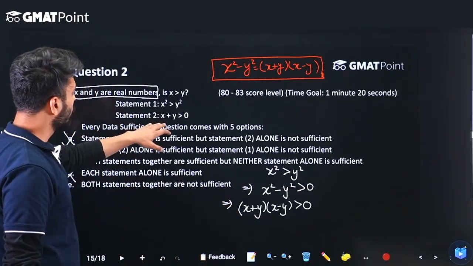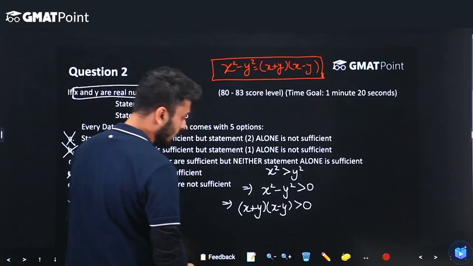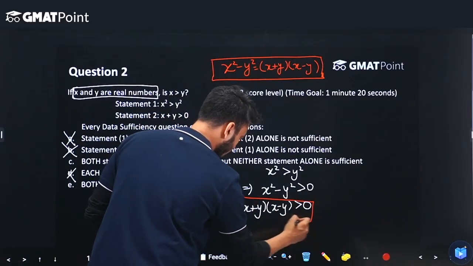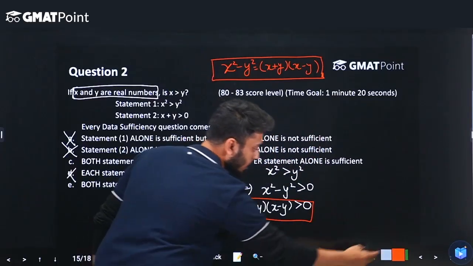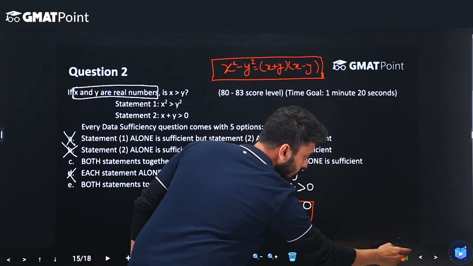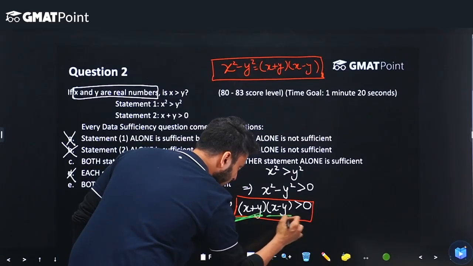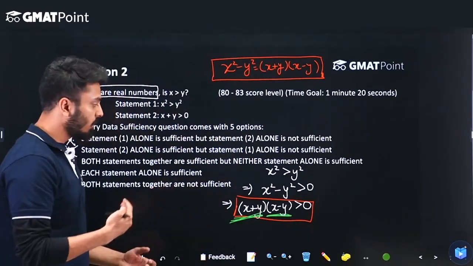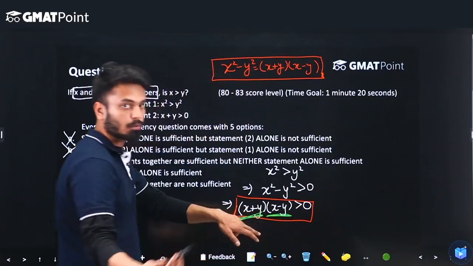In statement 2, we can see that x plus y must be greater than 0. But even before that, let's look at this. We have the product of two numbers, x plus y over here and x minus y over here. We are told that the product of these two numbers is greater than 0, which means it is positive.